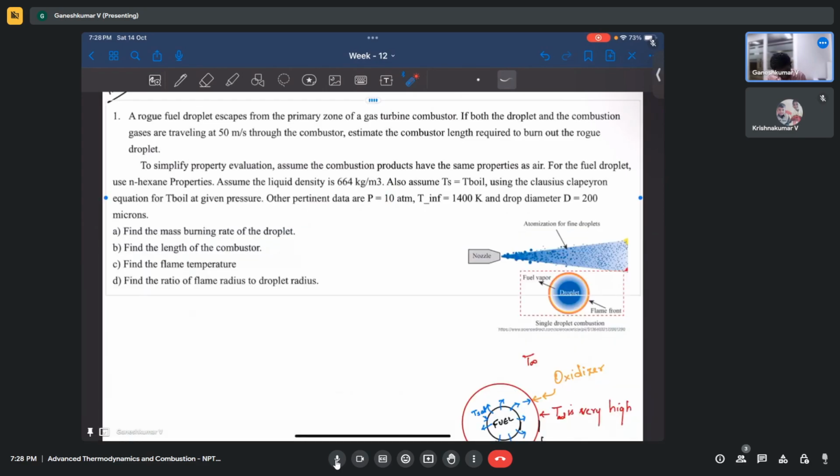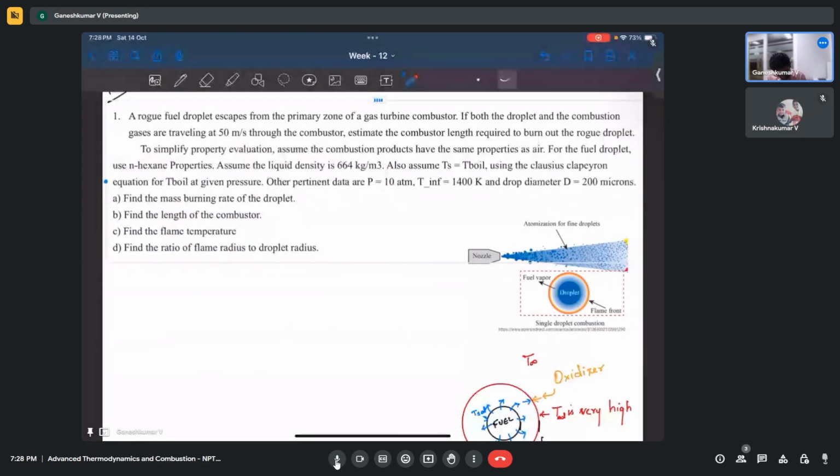So the pressure is 10 atmosphere, and the temperature of the gases is T infinity. I just wrote it like this: T infinity is 1400 Kelvin, and the droplet diameter we have is 200 microns.